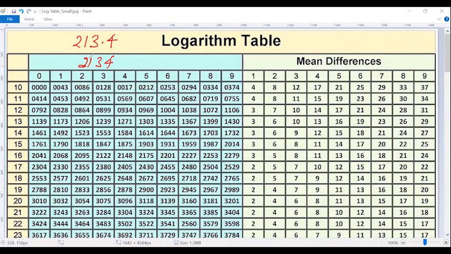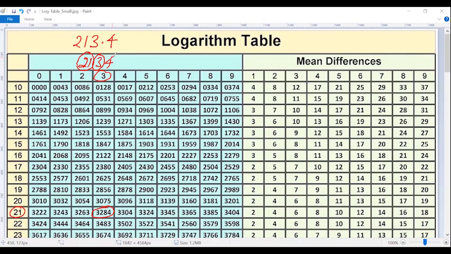So I will move to the 21st row, where 21 is written. Then in the first set, I will go to the third column, and I will mark in the same row the value pertaining to the third column.